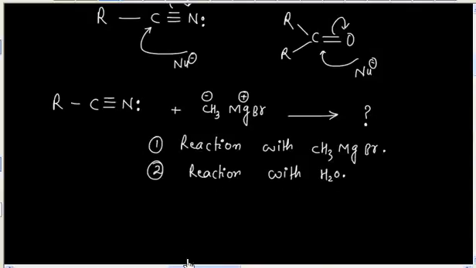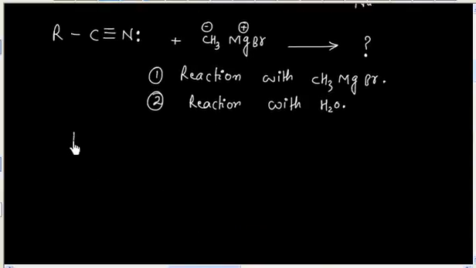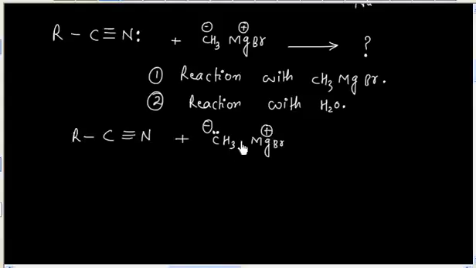Now let us write mechanism to derive product. First step is nucleophilic attack of Grignard reagent. So we have RCN and CH3 will act as a nucleophile. So we will have imine anion is formed.